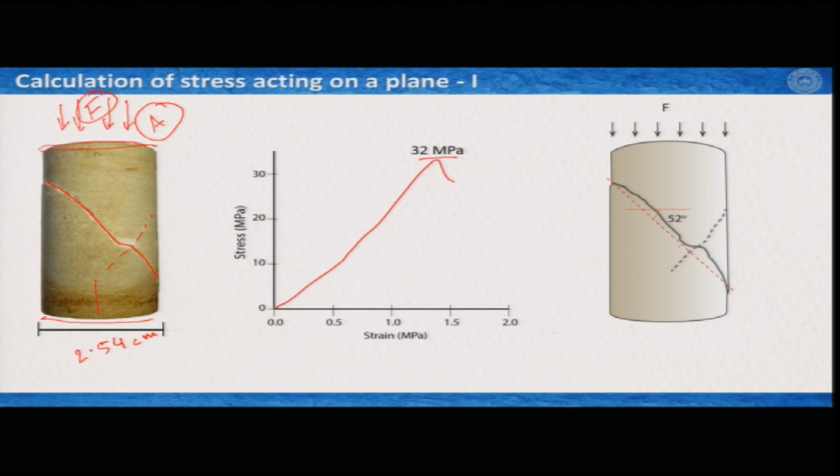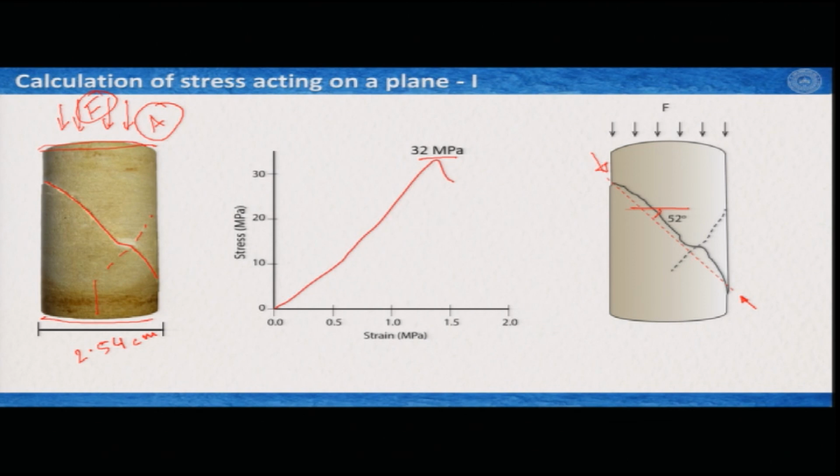You can approximate this plane as this red dotted line here, and you can figure out the angle is about 52 degrees with the horizontal plane. Now the task is to find out what was the normal stress on this surface and what was the shear stress on this surface.